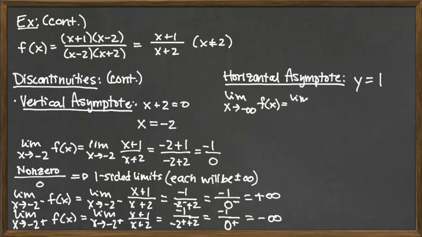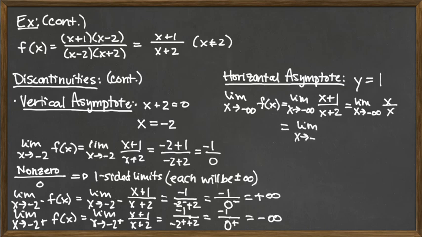We can look at the reduced expression, and so that would be the x plus 1 over the x plus 2. And this is where the highest power term is dominating for limits as we go to infinity. So we're looking really at an x over x situation.